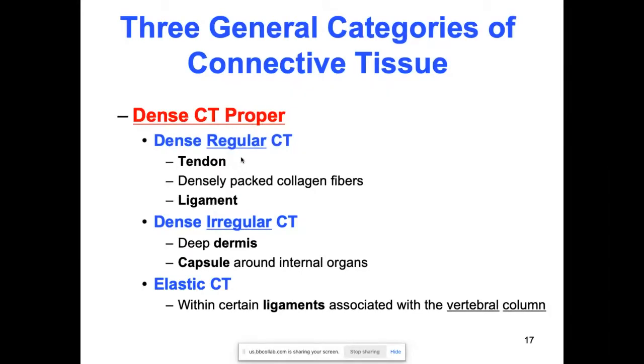Now, tendons are an extension of muscle. So how do muscles attach to bones? They attach by way of tendons. A muscle contracts and it transmits contractile tension to the tendon.